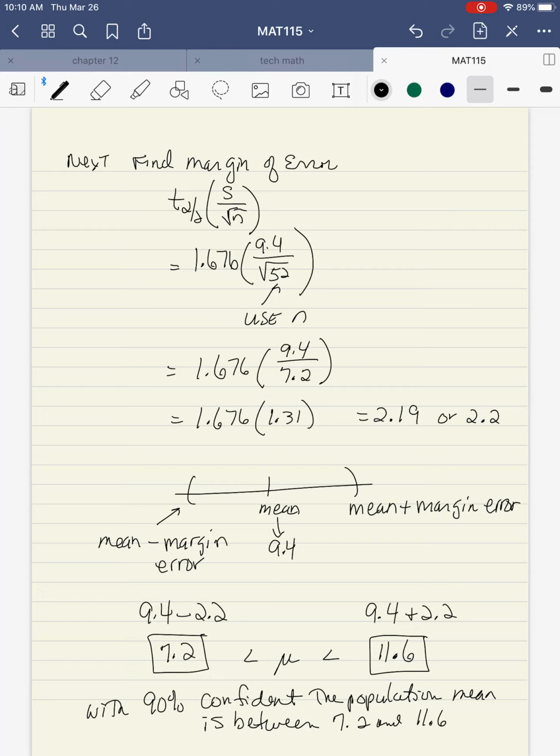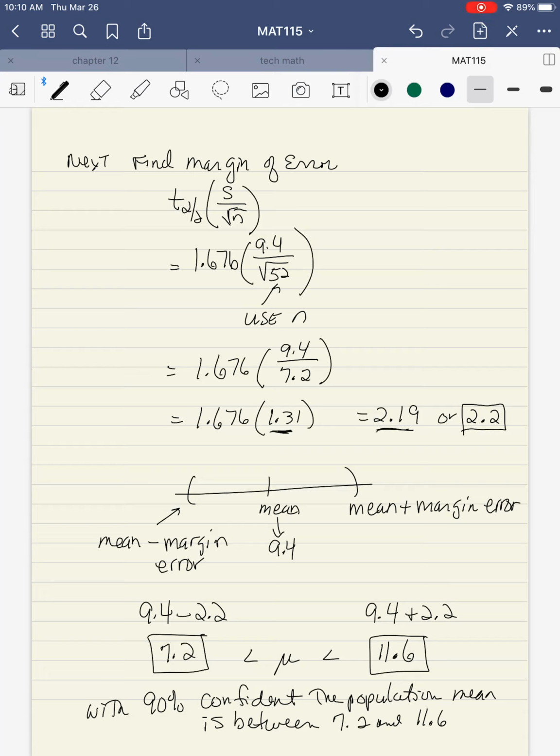The square root of 52 is 7.2. Then I divide 9.4 by 7.2, that gives me 1.31. So now I do 1.31 times 1.676 to get 2.12, but they want us to round to 1 decimal place, so it's 2.2.